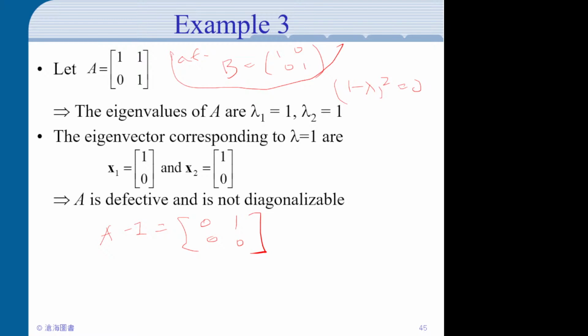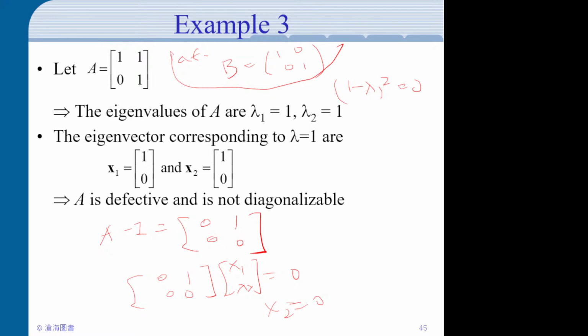Then you try to solve this equal to 0: 0, 1, 0, 0 times x1, x2 equal to 0. Then you have x2 equal to 0, and x1 is left over, so x1 can be whatever, but x2 must equal 0.